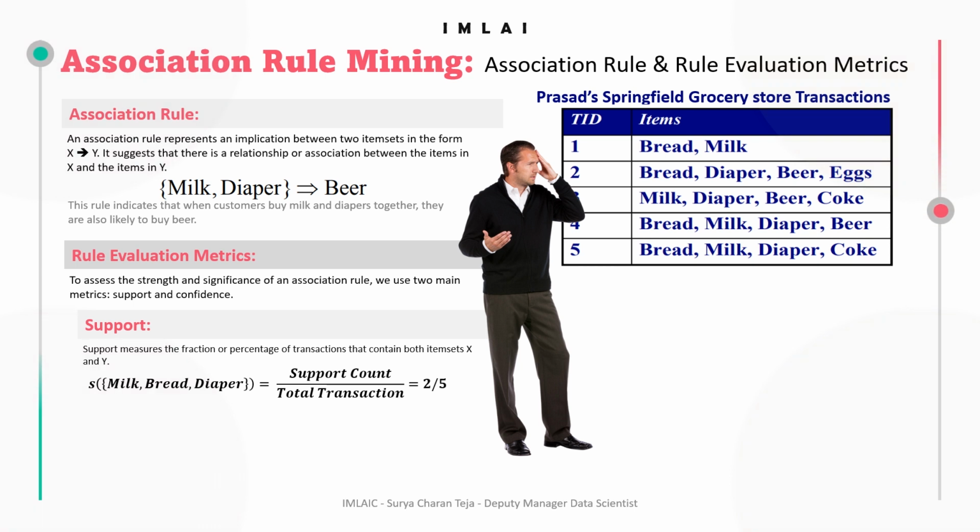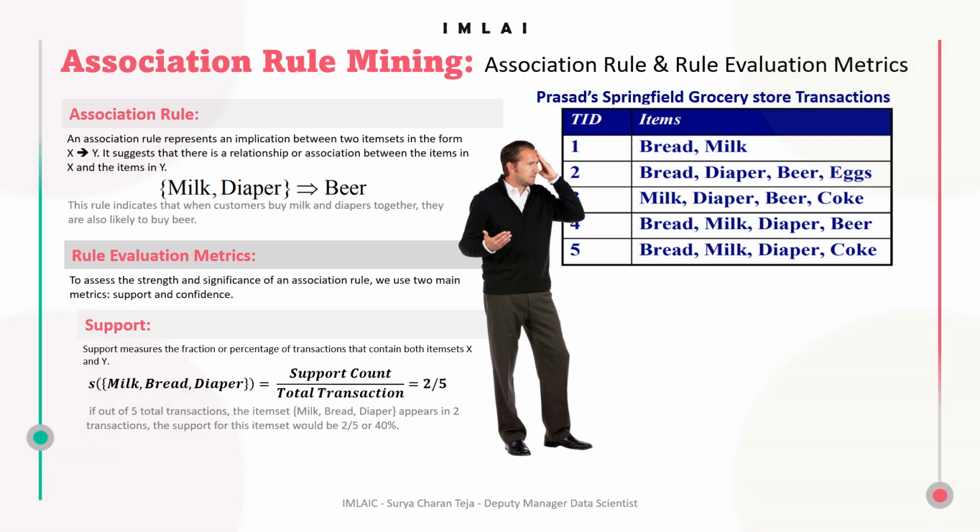For instance, if out of 5 total transactions, the item set milk, bread, diaper appears in 2 transactions, the support for this item set would be 2 divided by 5, or 40%, and you can clearly see that on the screen.